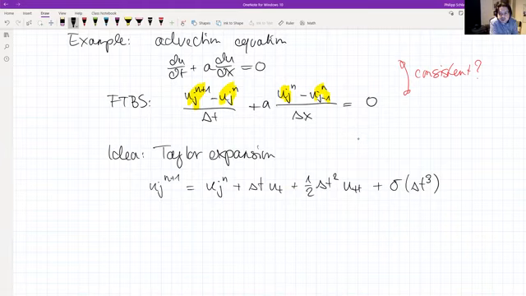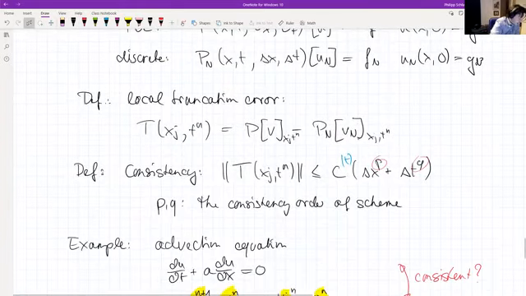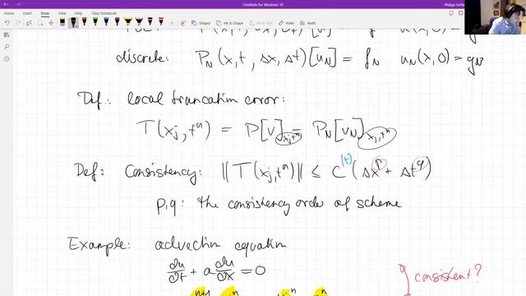There's a question that somebody asked in the chat whether the truncation error is always a local error. Well, it's local in that sense that you can evaluate it at a specific position. So yes, in that sense, it's local.